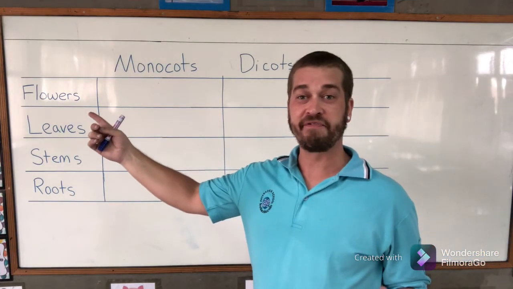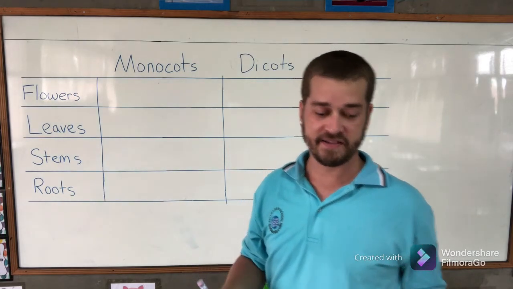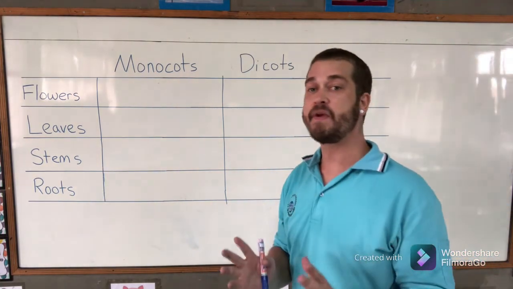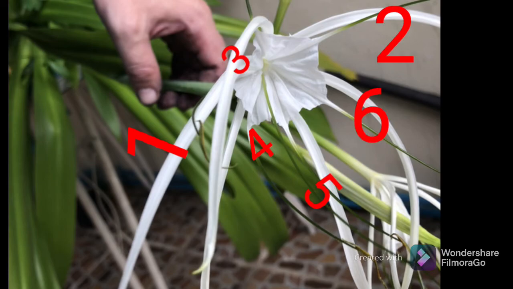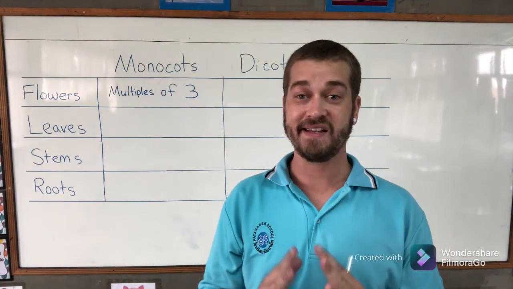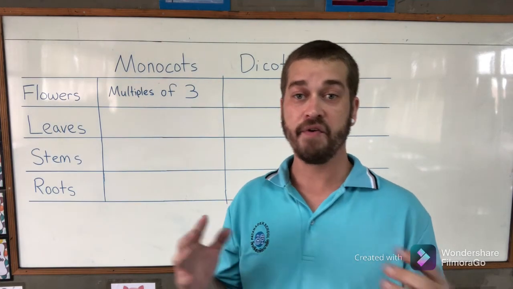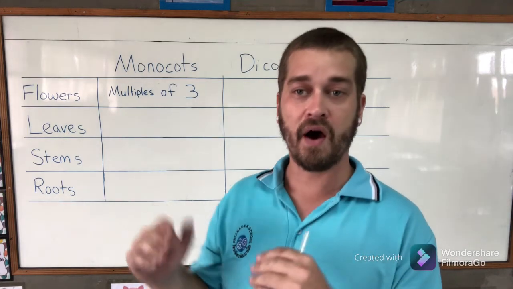What do we know about the flowers on monocots? Well, monocots have multiples of 3 flowers. So what that means is they have multiples of 3: 6, 9, 12, 15, 18, 21, and so on.